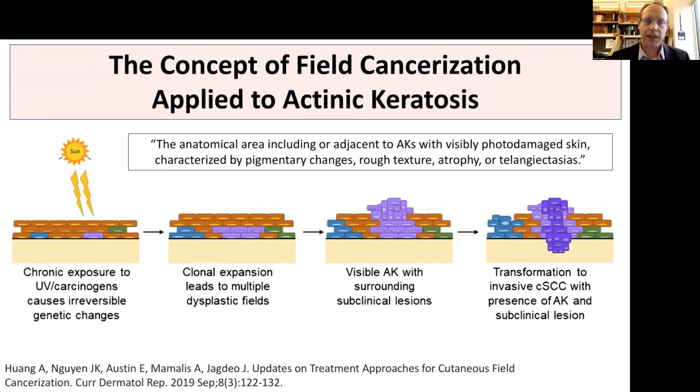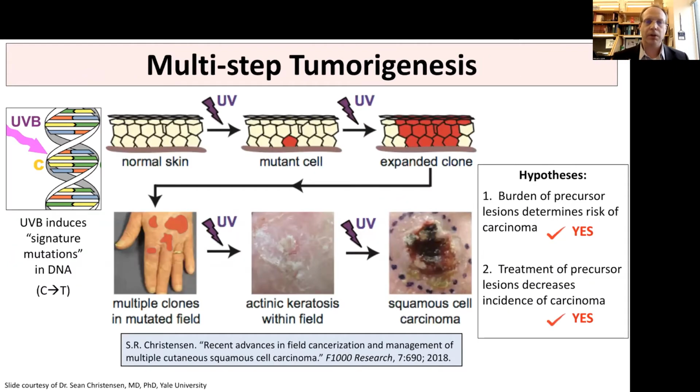So this ultimately is part of what's known as a multi-step tumorigenesis pathway. Again, the idea on the left is ultraviolet light, in this case UVB, can cause signature mutations like cyclobutane pyrimidine dimers or 6,4 photoproducts, which are usually dealt with by DNA repair mechanisms like nucleotide excision repair. But in some cases, you get a mutated cell shown in the center top in red, and this can expand to a clone.